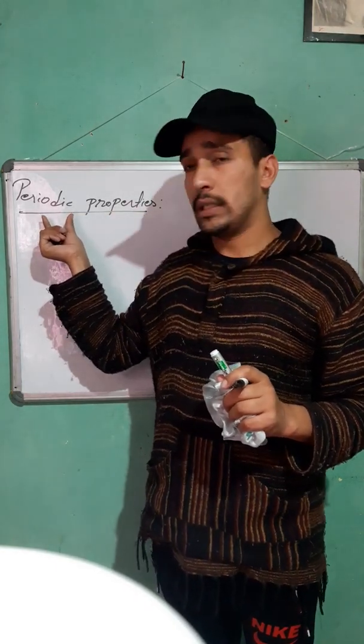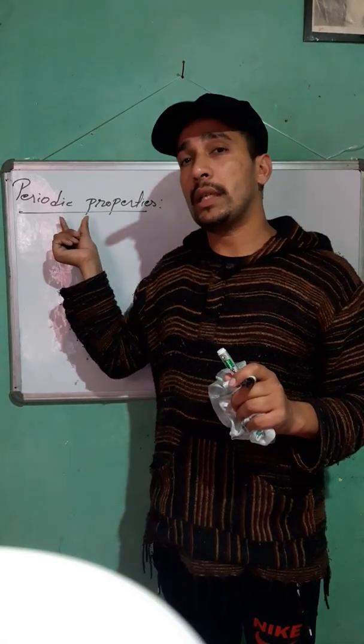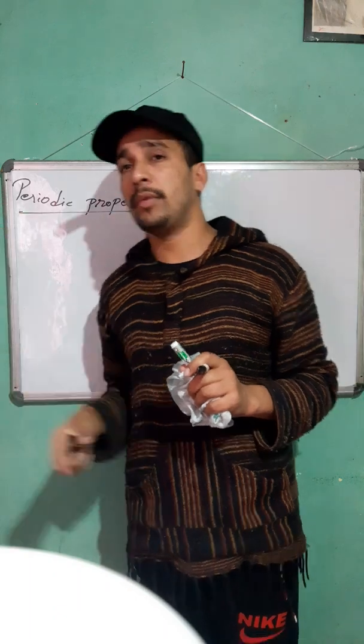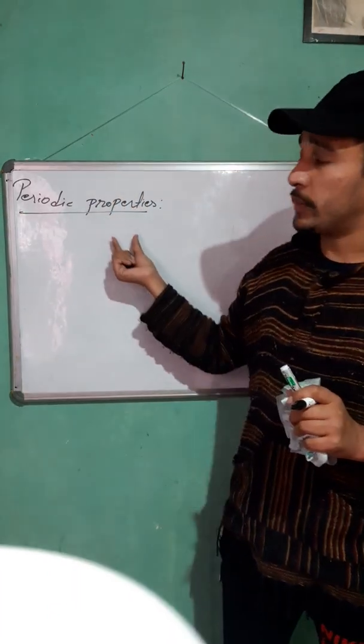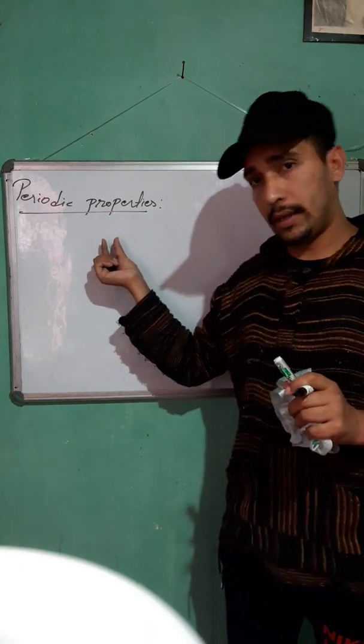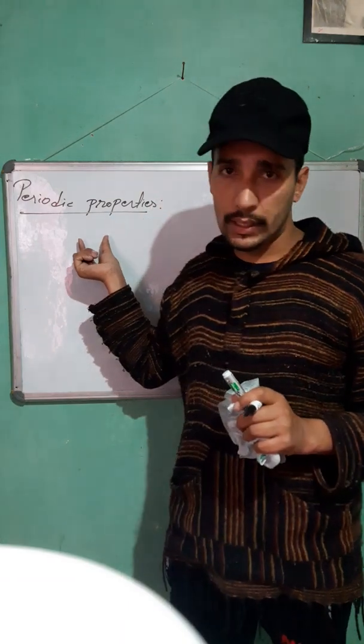Or the properties of elements in which there is a regular variation, increasing or decreasing type of variation, and such properties are known as periodic properties. And the phenomenon of repetition of such properties is known as periodicity of the elements.